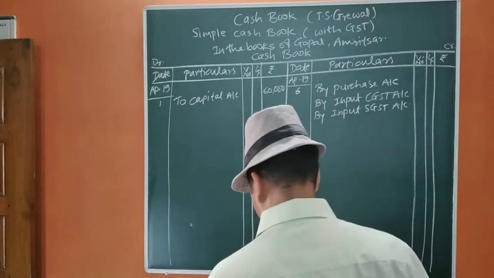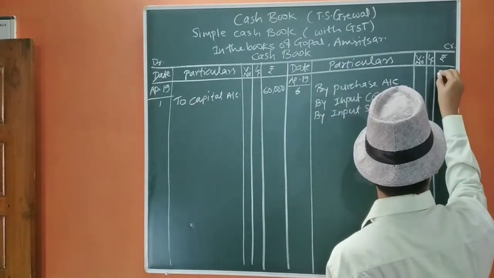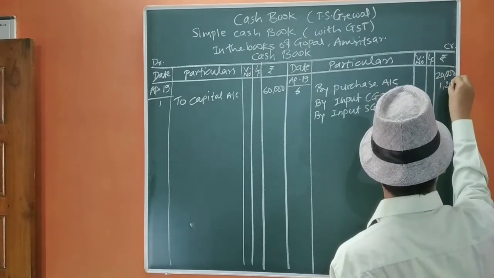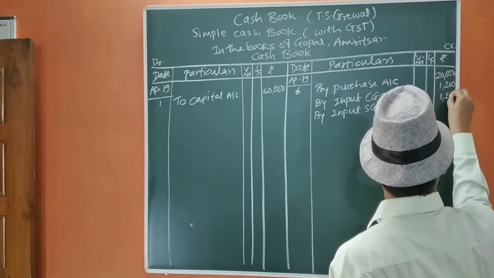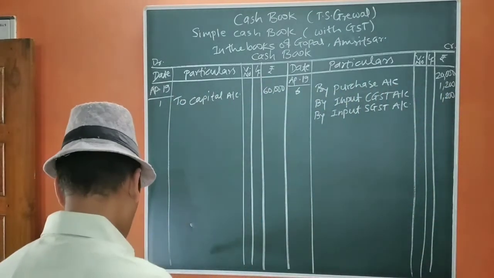Okay, half the payment will be 20,000 and 6% of it will be 1200.